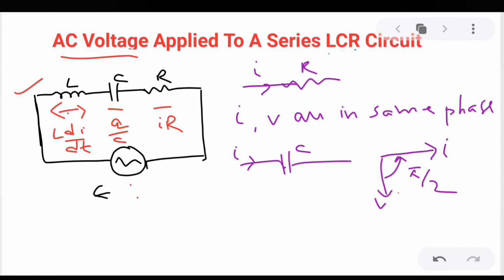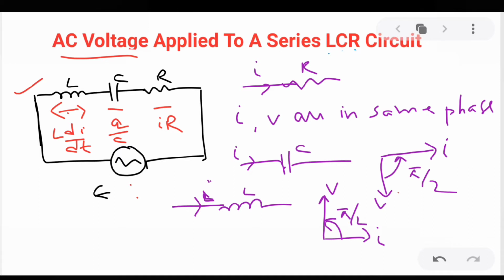And when alternating current flows through an inductor of inductance L, in this case voltage is ahead of current. So if this is voltage, this is current, voltage is ahead of current by phase angle of pi by 2.